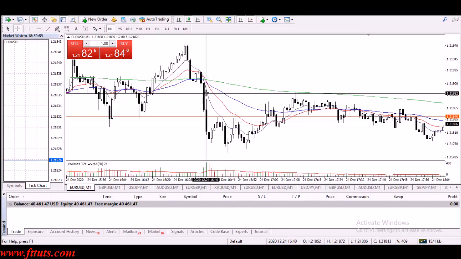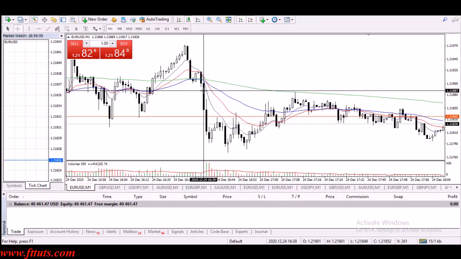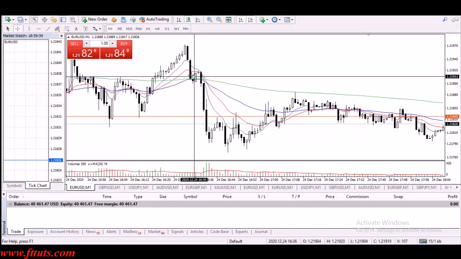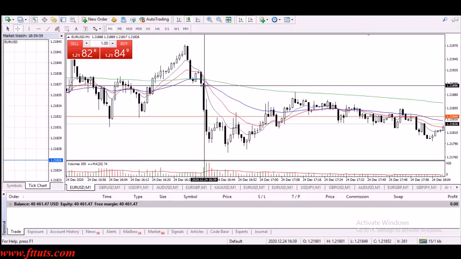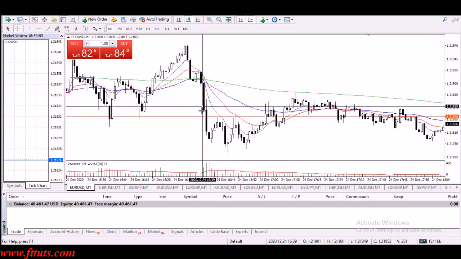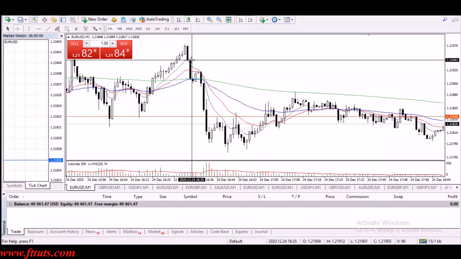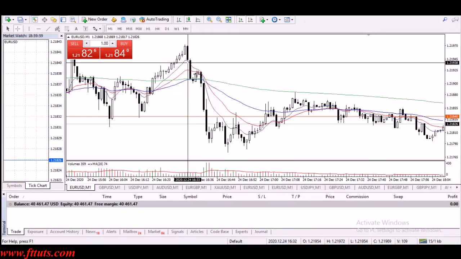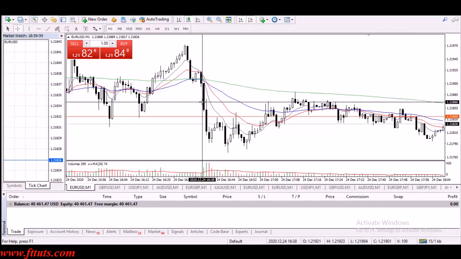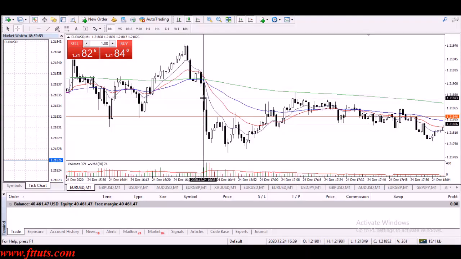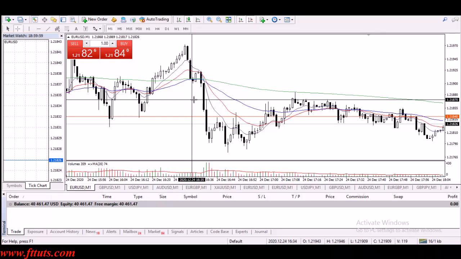Because it was calculated from the closing prices of the last 9 candles. So the first close price was this one, plus this one, plus, okay, so it's calculated from these. It's not just their sum divided by their number, divided by 9 in our case. That's the simple moving average.